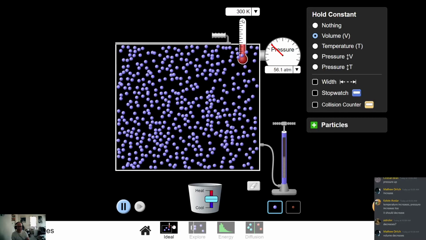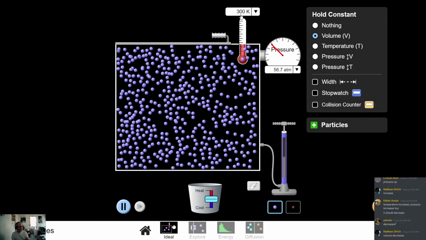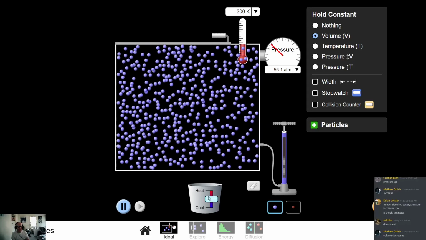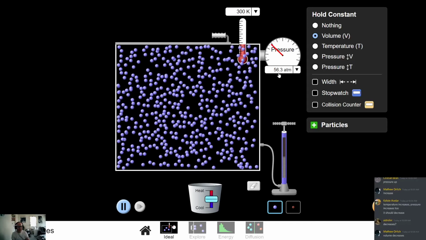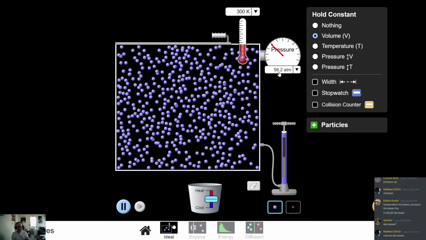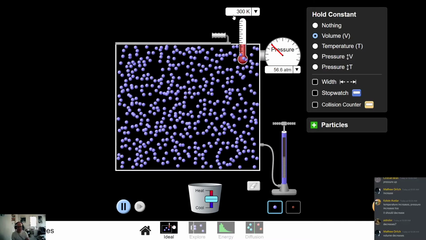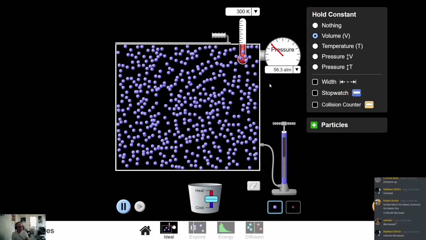Okay, so that's saying that if we take the temperature from 300 up to 600, right? If we go from 300 up to 600, what should the pressure be then? If I change this from 300 to 600, what should the pressure be?